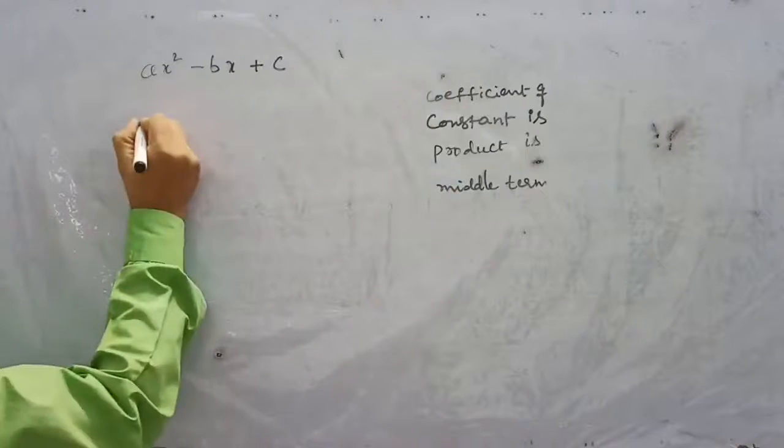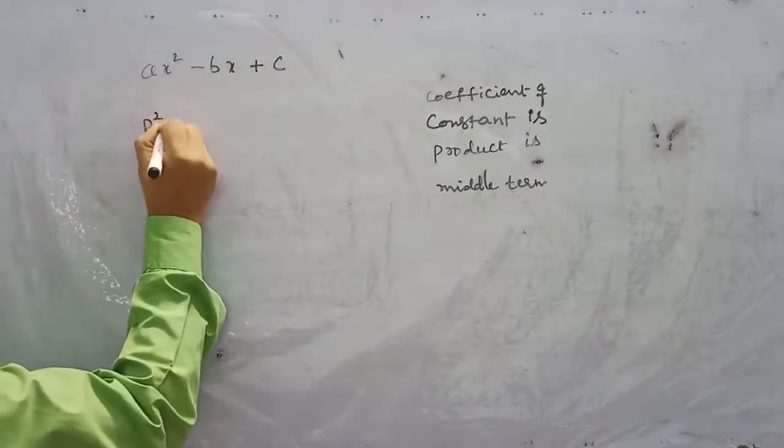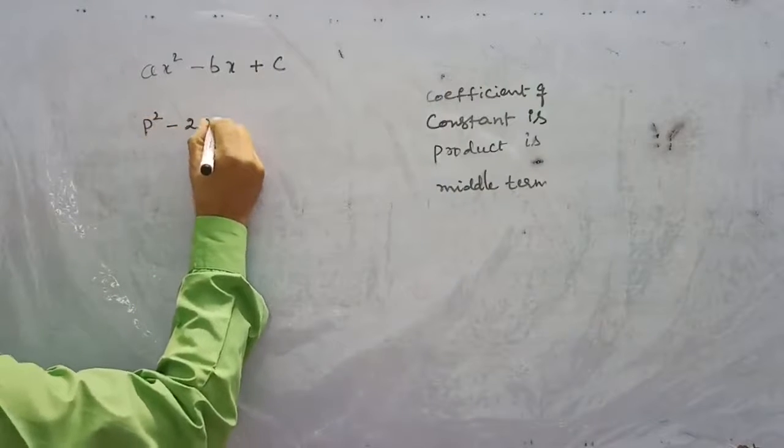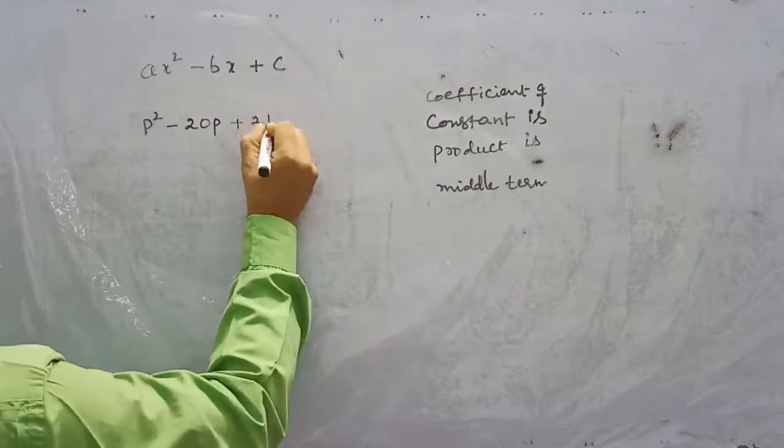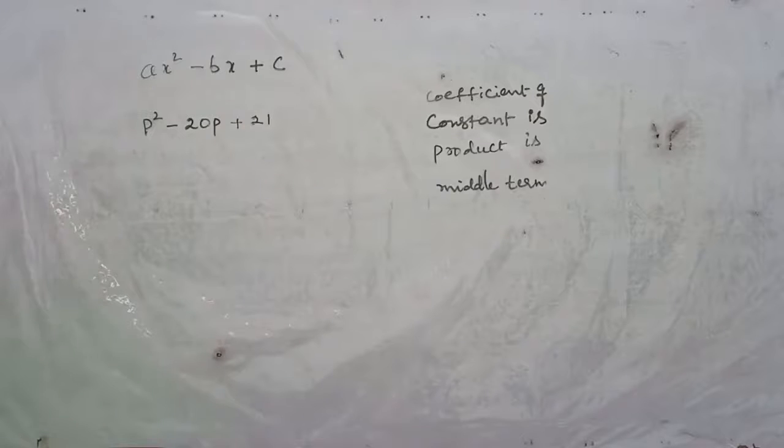Next question. p square minus 20p plus 21. Okay.